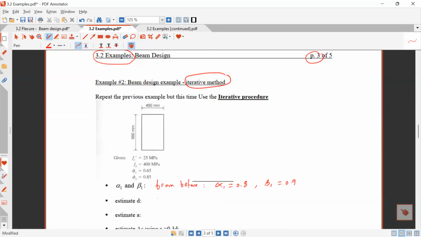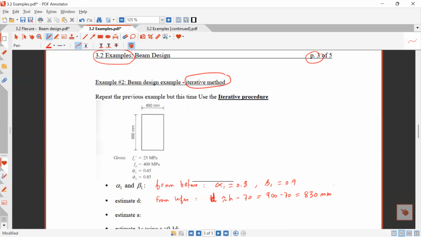Estimate D the same way as before. D is approximately H minus 70, so we have 900 minus 70, that's 830 millimeters.